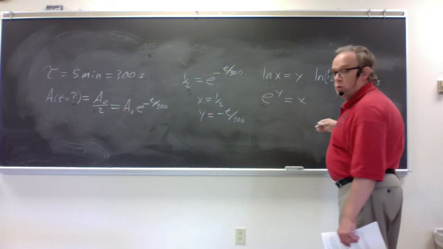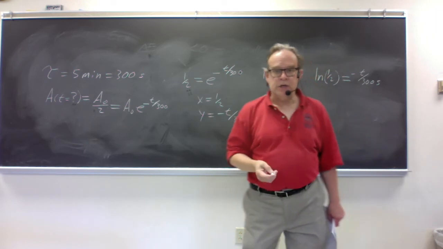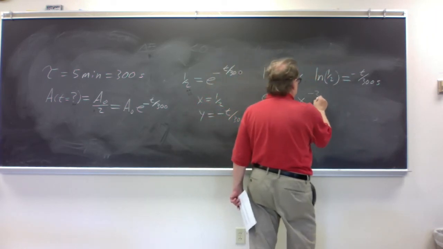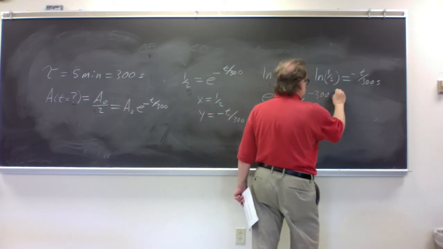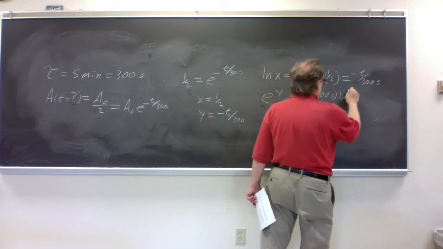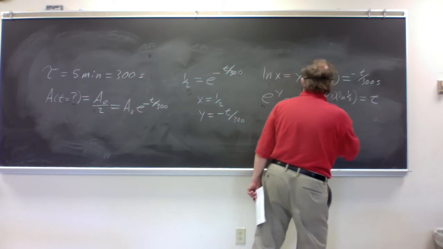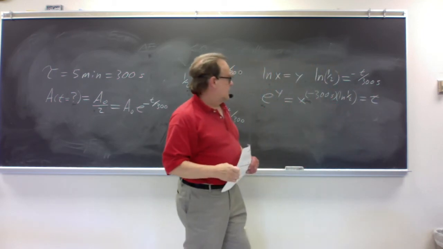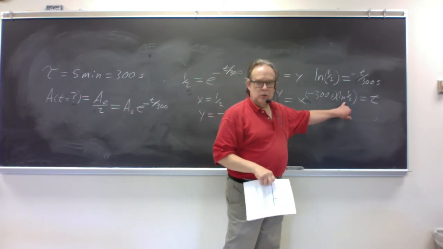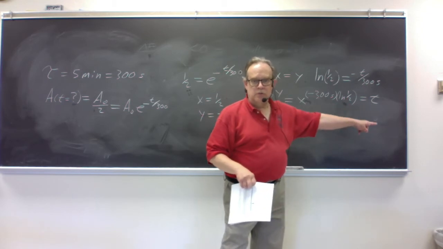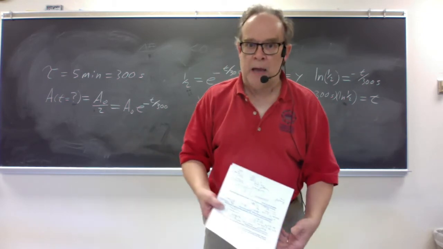Or multiply both sides of the equation by minus 300 seconds. And you've got here minus 300 seconds ln of 1/2 equals the time. And again, this is the log of something less than 1, so it's going to be a negative number. Negative times the negative will give you a positive value for time. That's what you have to have.